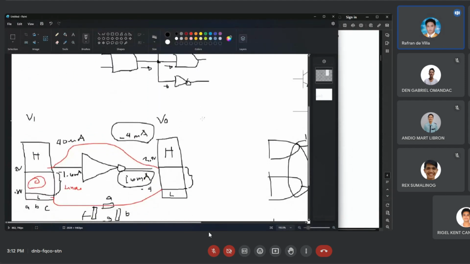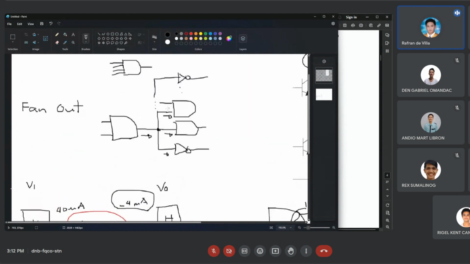Okay? Now, let's say for example, okay, base sa definition sa fan out, the number of inputs an output can drive reliably.